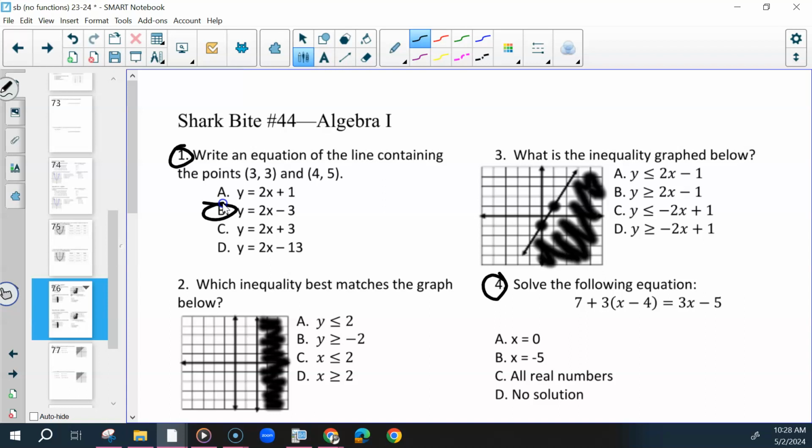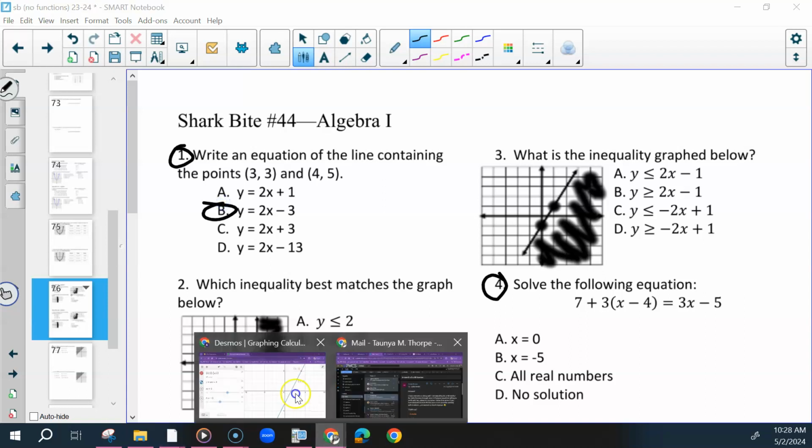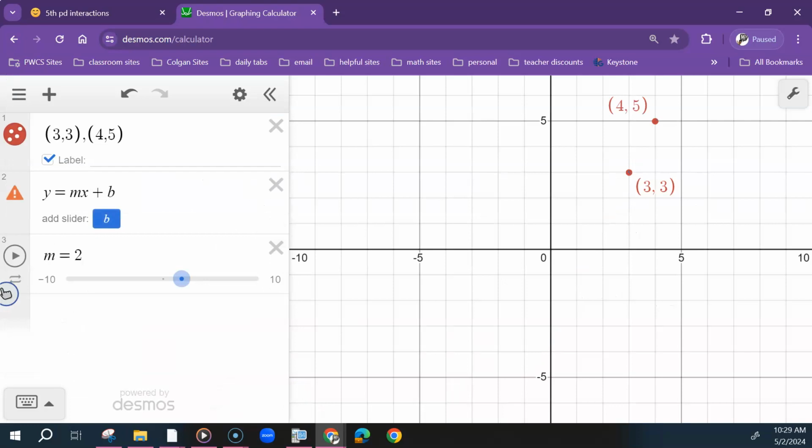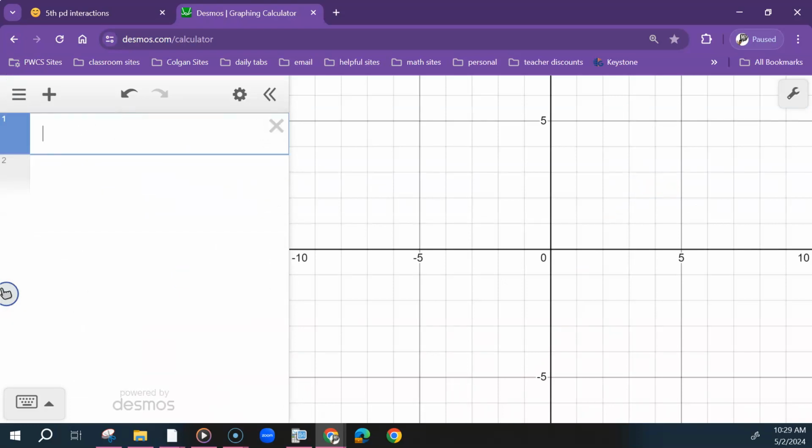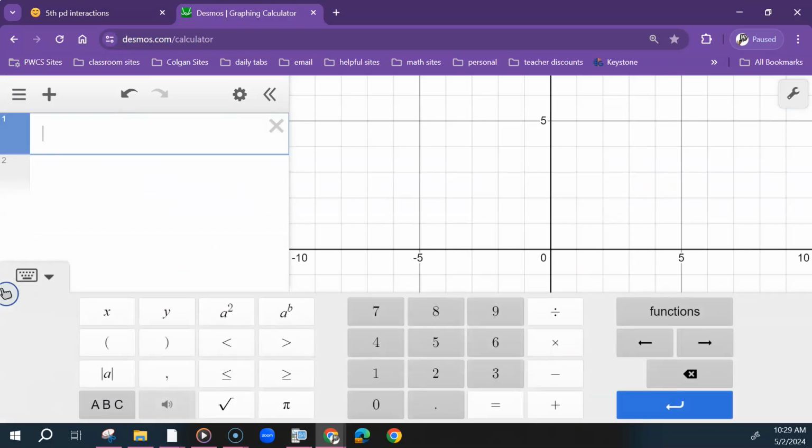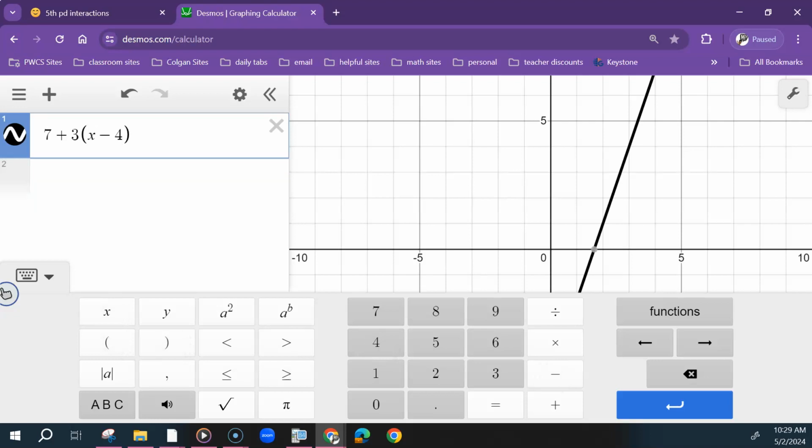Number 4. If you put in both sides, nothing happens. And I know it's not going to be A or B because I don't see a line at 0 or a line at -5. So it's either no solution or infinitely many.